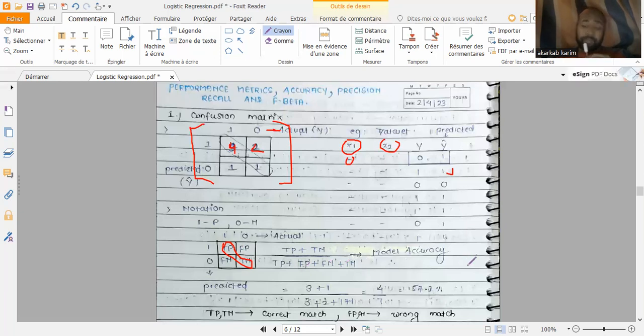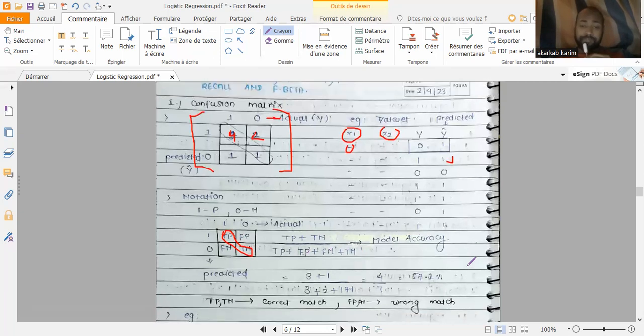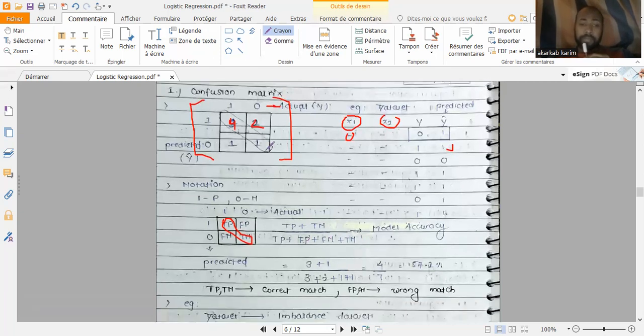If we consider our example on the top, we have 3 plus 1, or here it's 4, because based on this data we have 1, 1, 1, 1. That means we have 4. And for this we have 0, 1, so 0, 1, this is 1 and this is 1. That means 2.